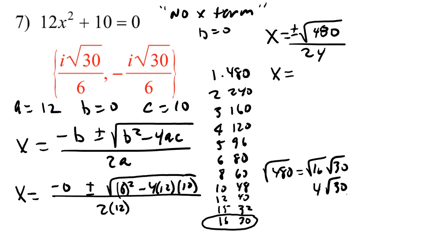The square root of 30, there's no perfect squares. So this will simplify to 4 square root 30 divided by 24, plus or minus, and then 4 goes into 24 how many times? So x equals plus or minus the square root of 30, and 4 goes into 24 6 times.